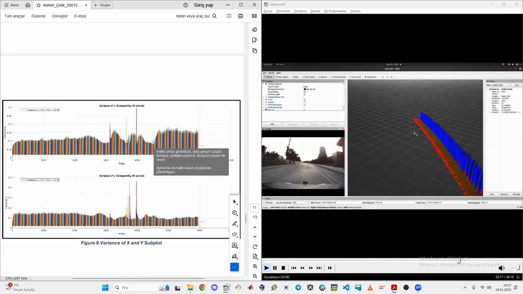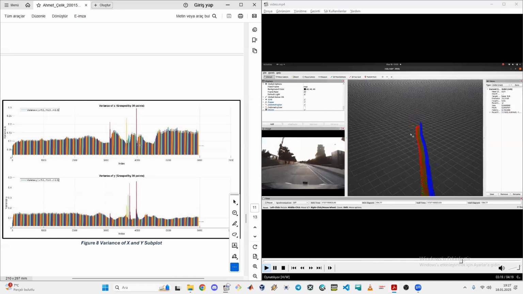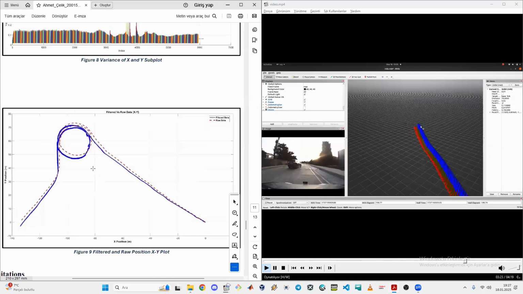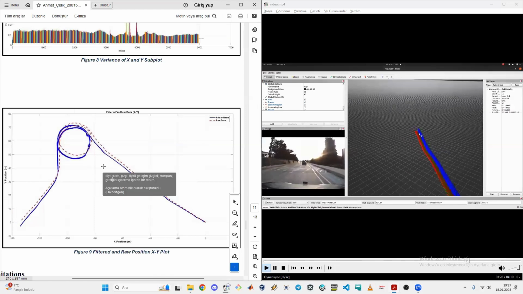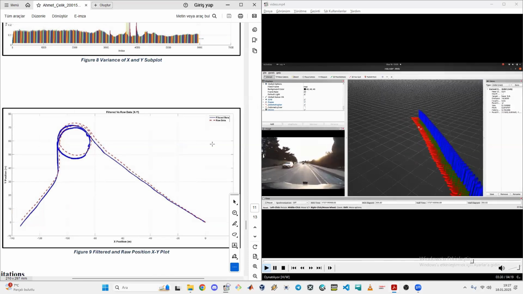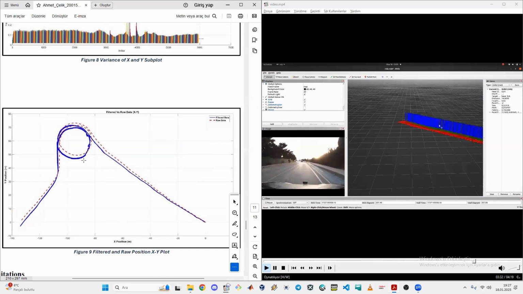And this is the 2D trajectory on the same plots. The blue one is the filtered data. The red one is the raw data on our campus.